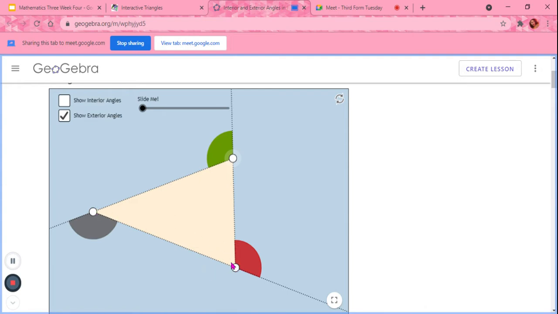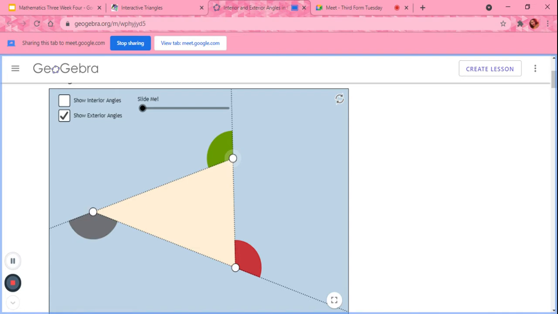Because adding the two opposite gives me the exterior. If I want to find out what the red one is, I will add this one and I will add this one, and that will give me the red one. If I want to calculate the gray one, then I will calculate this one and this one and add them, and that will give me the gray one. Right? So then that is what the third theorem states.